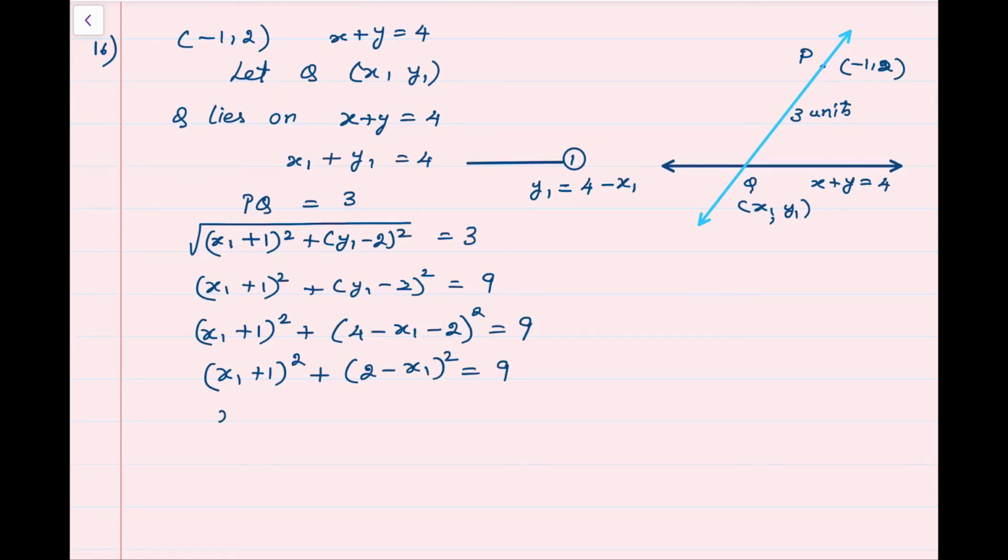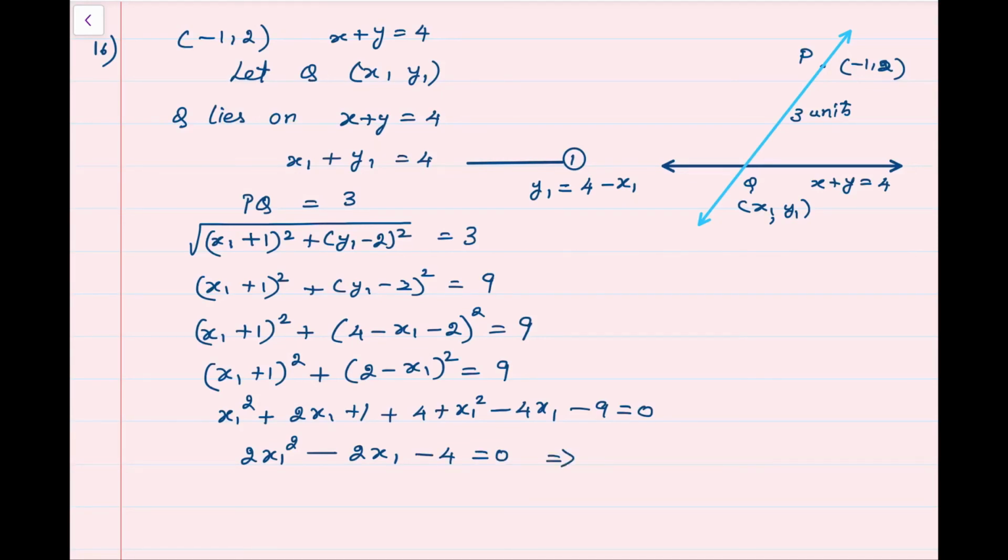We will simplify this equation. Let us expand. This is 4 + x1 square - 4x1 - 9 = 0. We get a quadratic equation in x1. 2x1 square - 2x1 - 4 = 0.